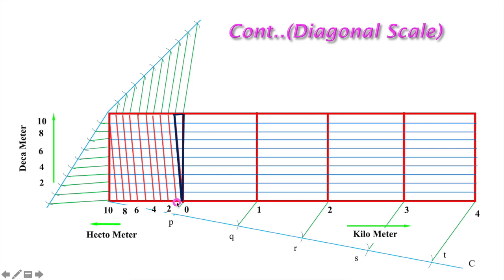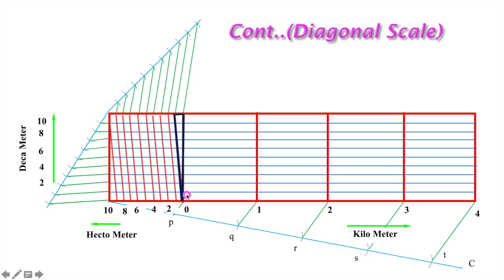See here, from 0 to this it is 1 hectometer, but from this point to this point it is 1.1 hectometer or 0.11 kilometer.